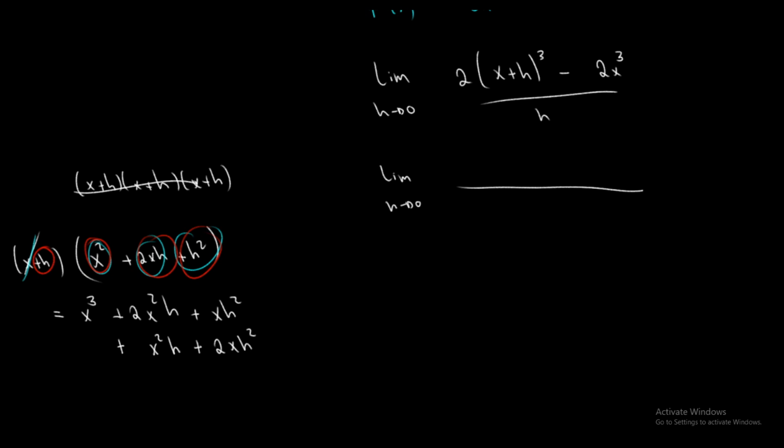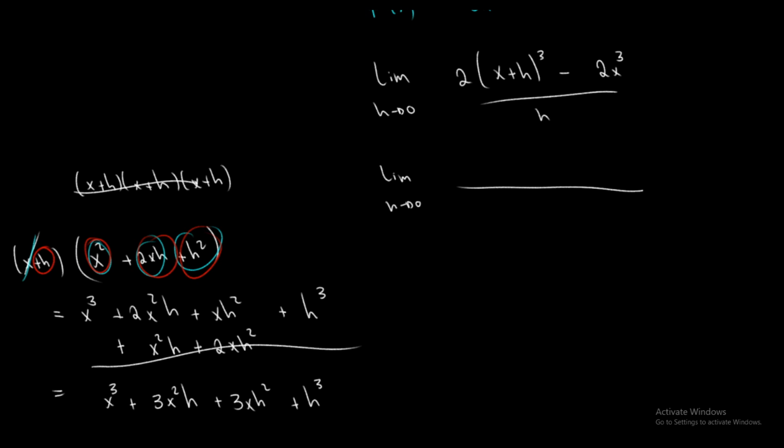And then we have h times h squared, and that gives me plus h cubed. So now I can add the like terms over here. So this gives me x cubed plus 3x squared h plus 3x h squared plus h cubed.